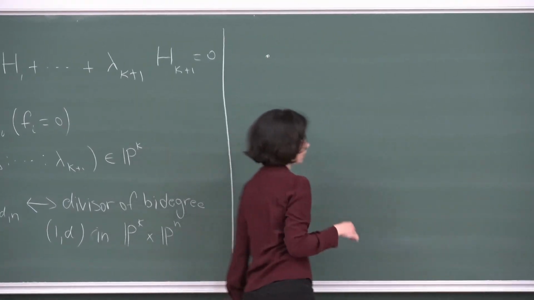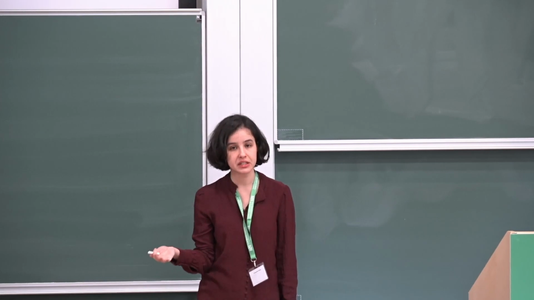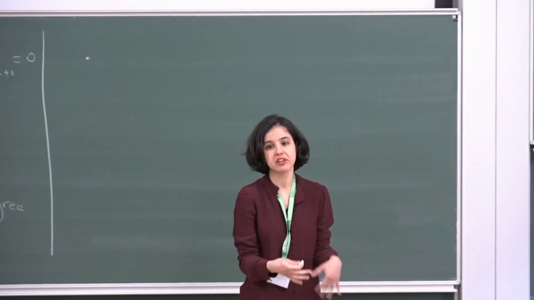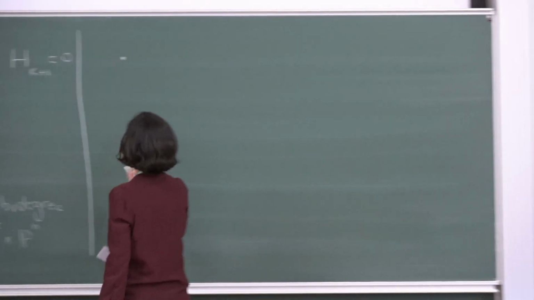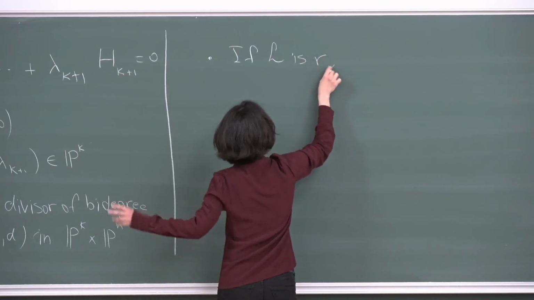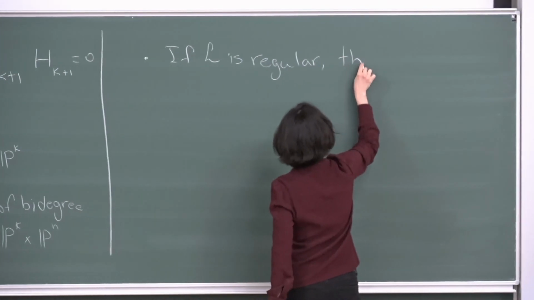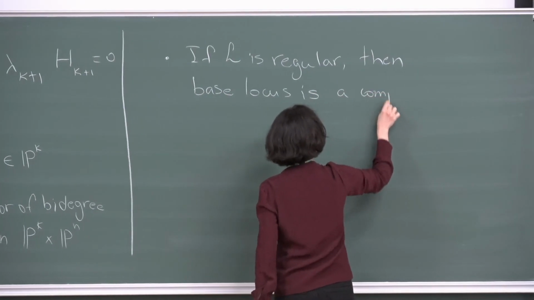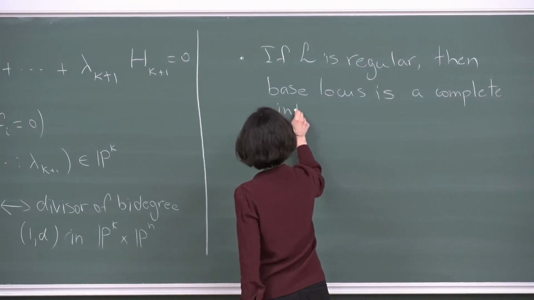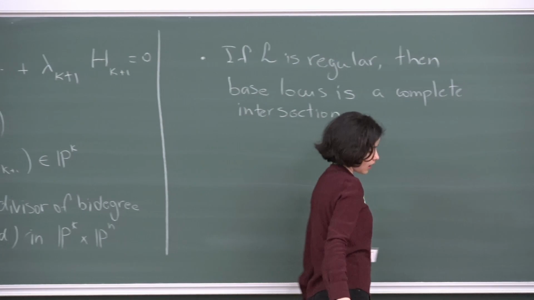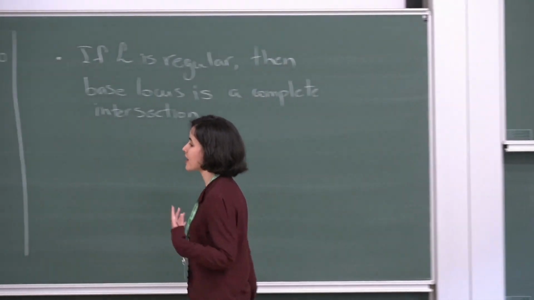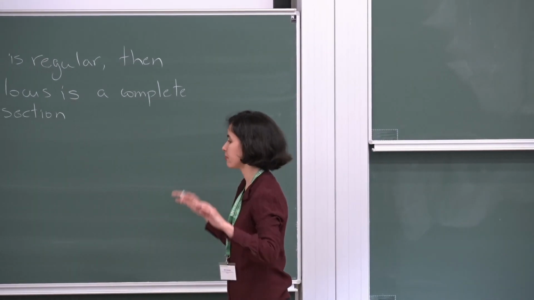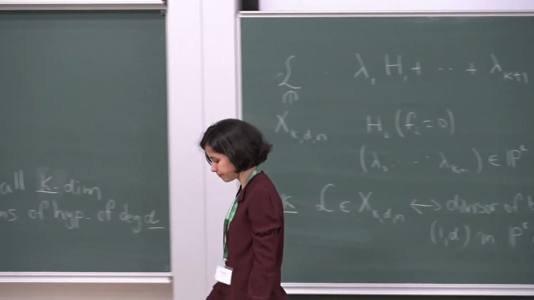Or, if the base locus of the linear system has the expected dimension, meaning L is what we call regular and the base locus is a complete intersection, then maybe you're interested just in the base locus. Or maybe you're interested in the rational maps associated to these. So just to have in mind, you may want to consider this from different points of view.